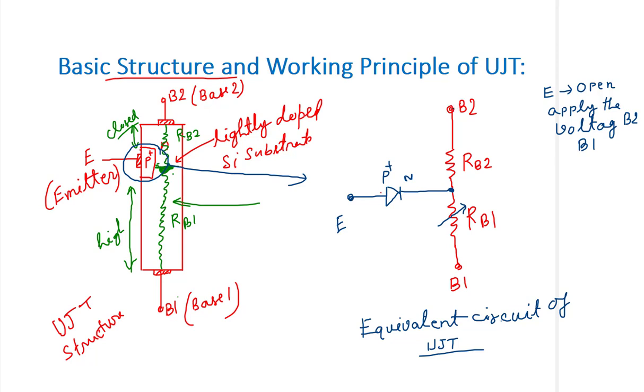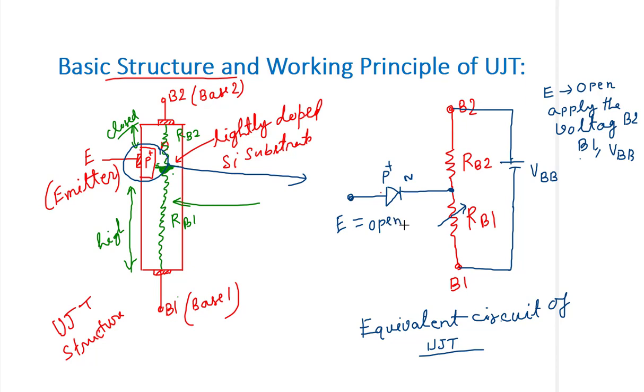Suppose we apply a positive voltage at B2, and this voltage equals VBB. The emitter is open.